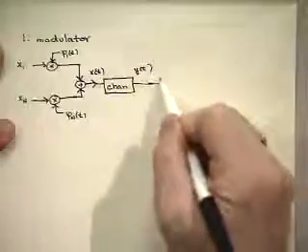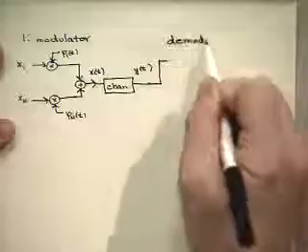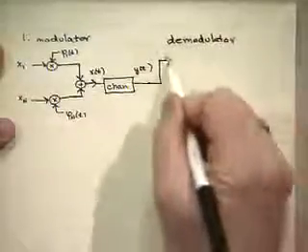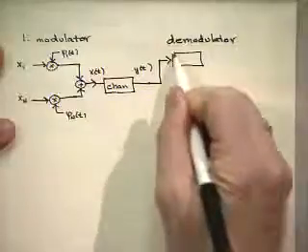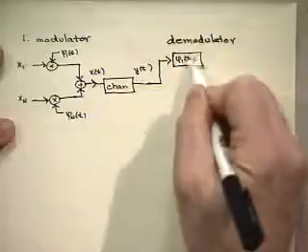And then we had a demodulator over here on the receive side, which is after the channel, of course. What we postulated last time is certainly true if there's no distortion in the channel.